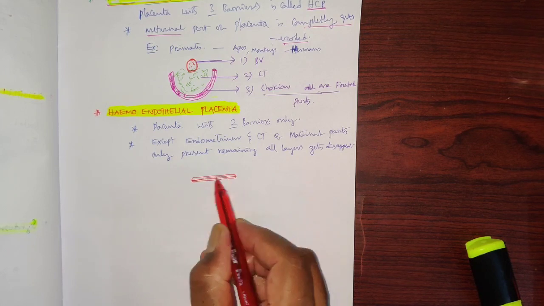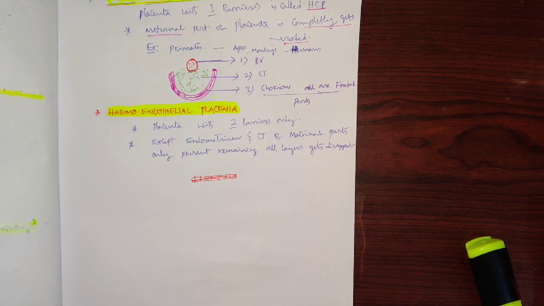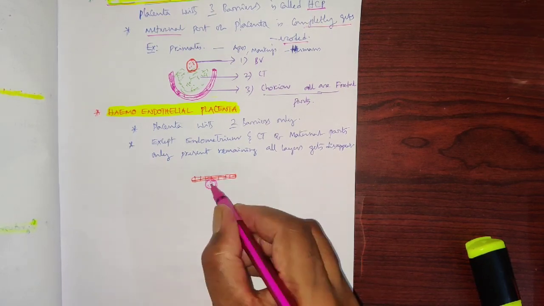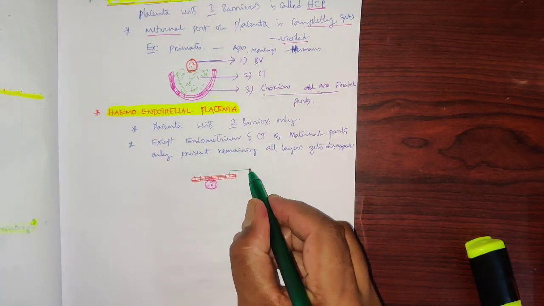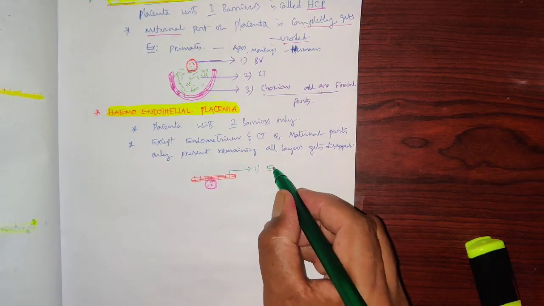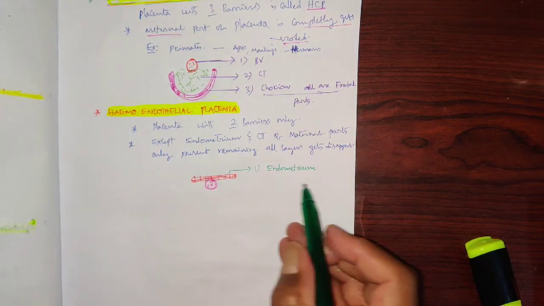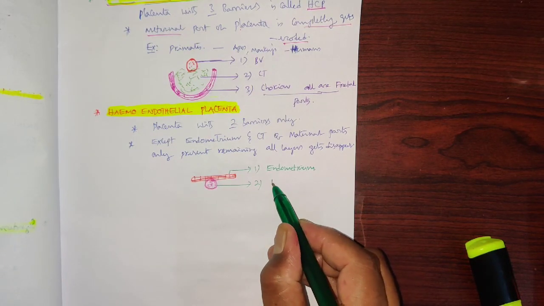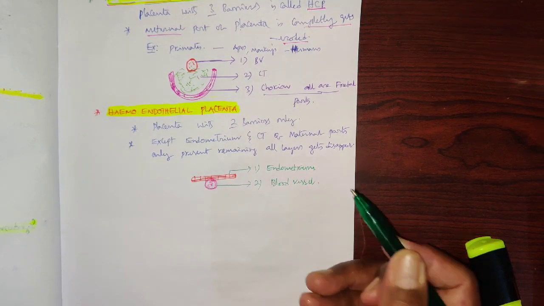This is endometrium and blood vessel, endometrium of maternal and blood vessel of maternal.